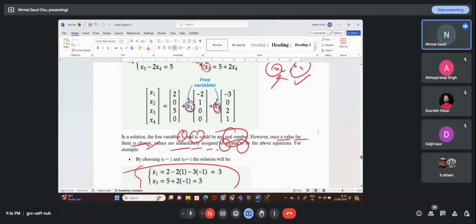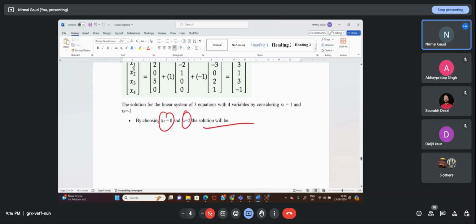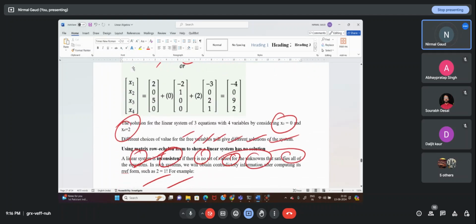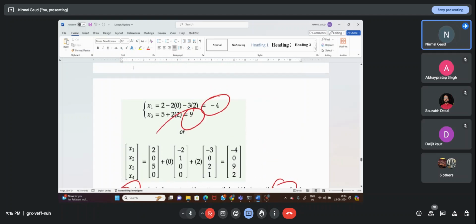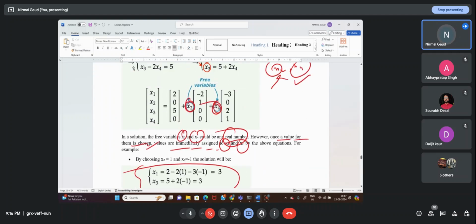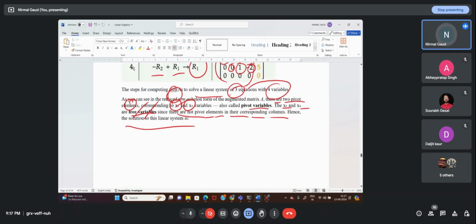Here, see, free variables. Once you got the free variables, what was the point mentioned for the free variables?